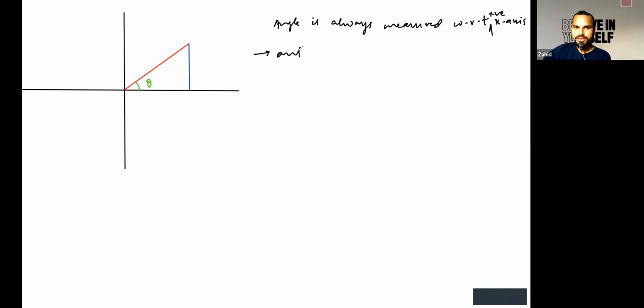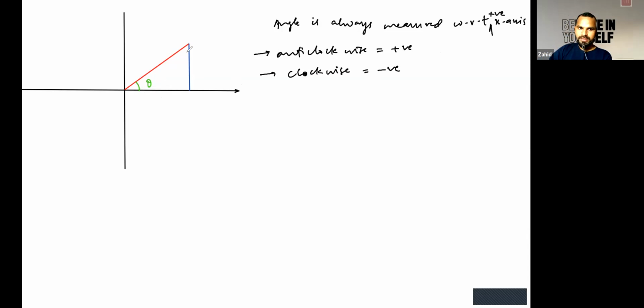In the anti-clockwise direction it will be positive, and in the clockwise direction it will be negative. So here in this particular triangle, this is your positive x-axis, and this angle is going in the anti-clockwise direction, so it would be positive. Is it clear?